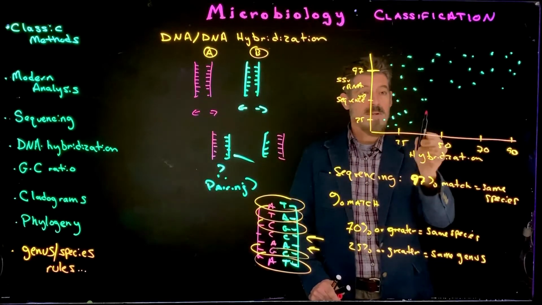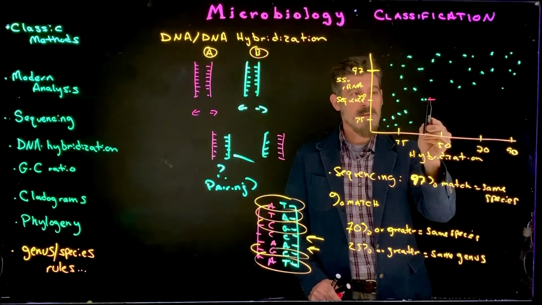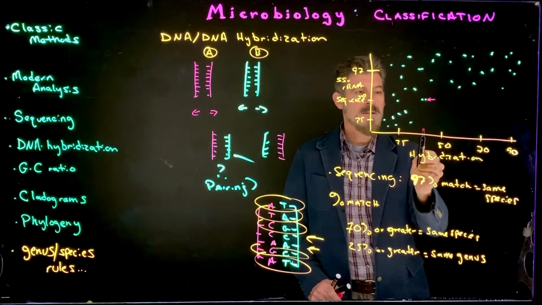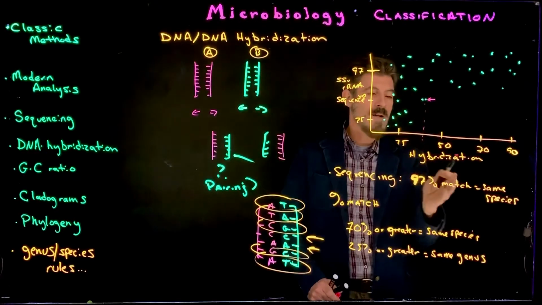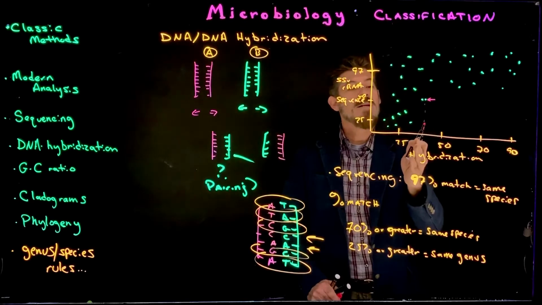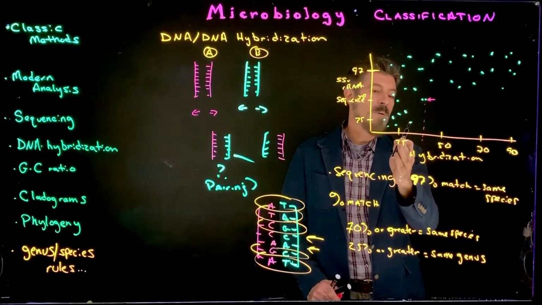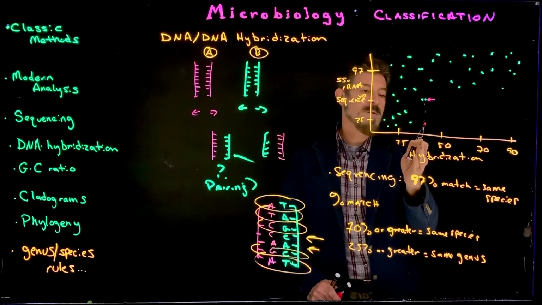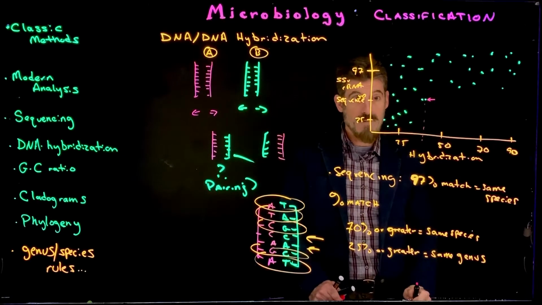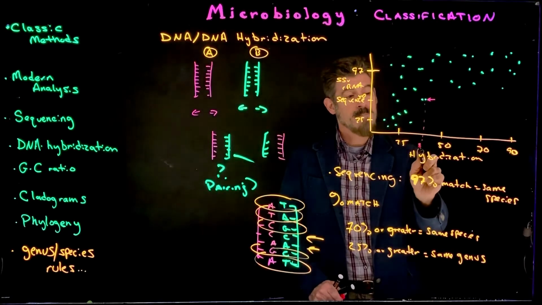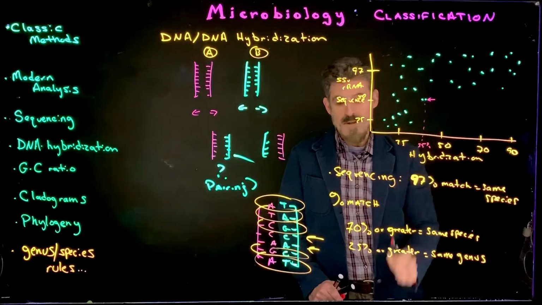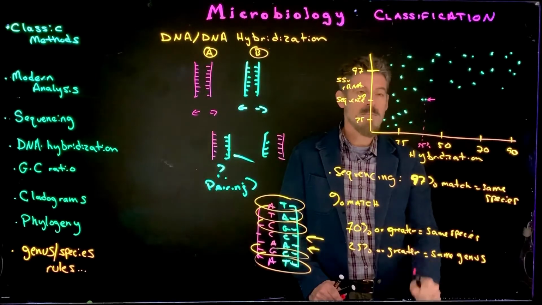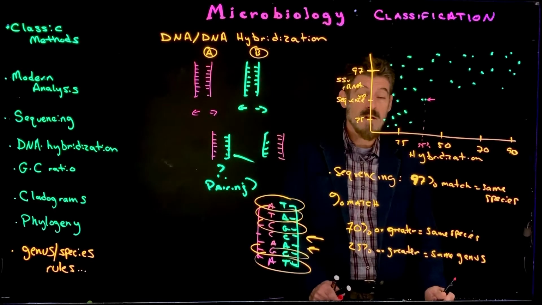For this particular dot, DNA hybridization is above 25%, less than 50%, probably like 35%. So that means not the same species, but potentially the same genus.